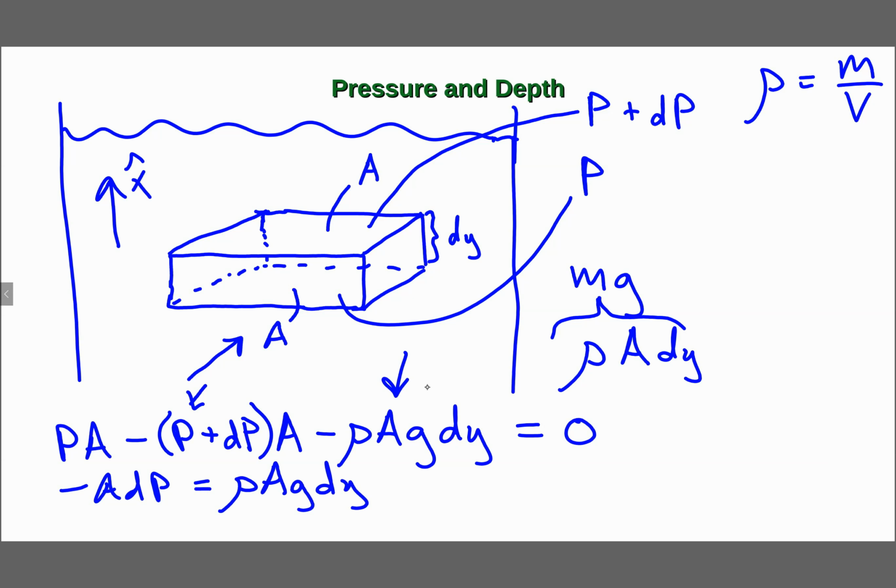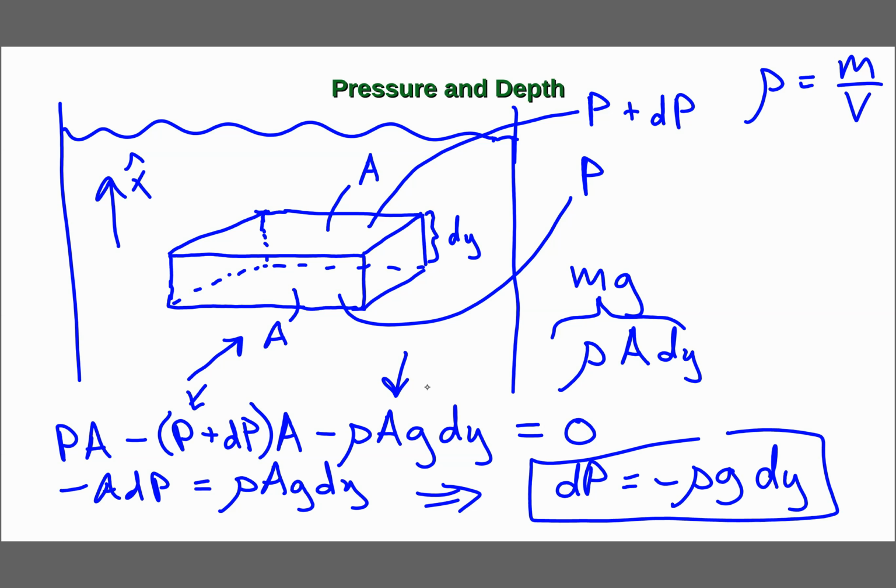And then that means, after the A's cancel, that dP equals minus rho g dy. Okay? And this tells us that pressure increases as the position goes down, right? So if dy is a little negative piece, it goes down, then the pressure goes up.